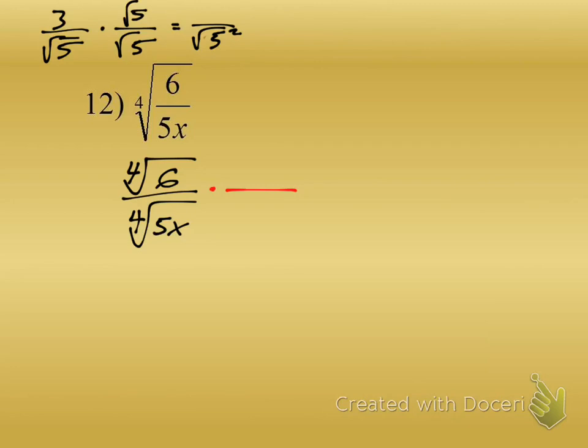And the square root cancels at that square power. Same logic. So down below, on the new problem here, we have the 4th root of 5x in the denominator. How many 5s do we have here? 1. What's our index? 4. So we need how many more 5s? 3. Good. So the 4th root of 5 cubed.